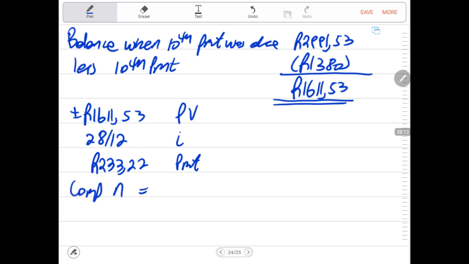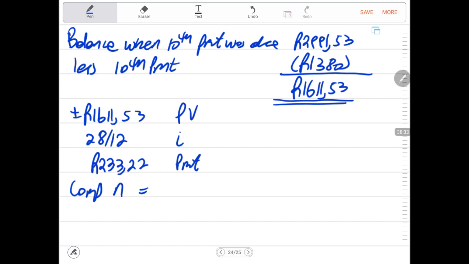Then now we have to clear the calculator. Second function alpha 00. We say plus minus 1,611.53 is the present value. 28 divided by 12 is the interest. 233.22 is our PMT.